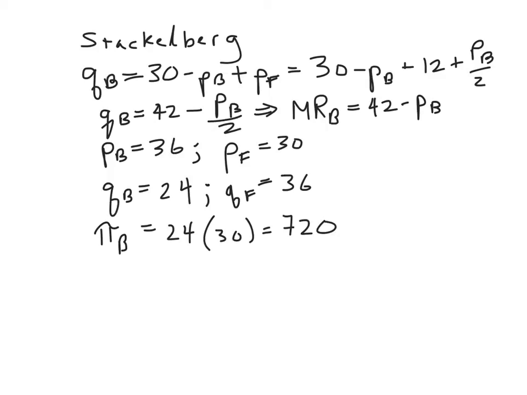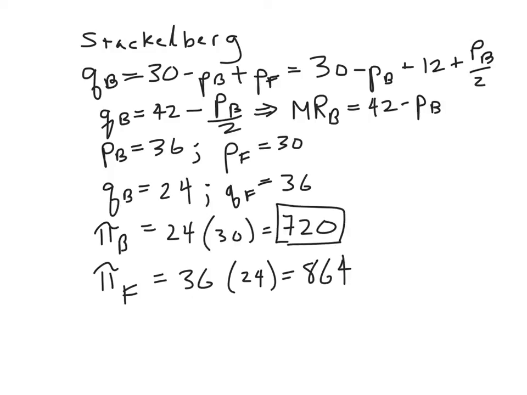On the one hand, that's better than when she was in the differentiated product Bertrand duopoly, not anticipating Francois' reaction. But what's interesting is when you calculate Francois' profits: 36 times 30 minus 6 equals 24. And if I've done my multiplication correctly, that's 864. So the leader does better than the case where she didn't anticipate, but the follower does better still.